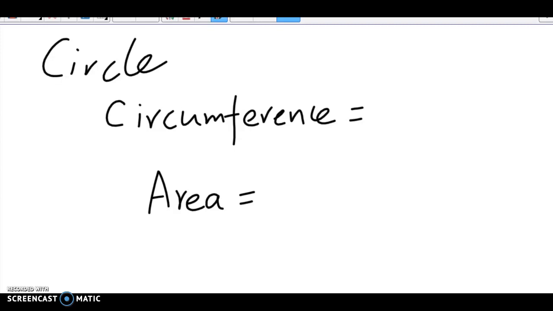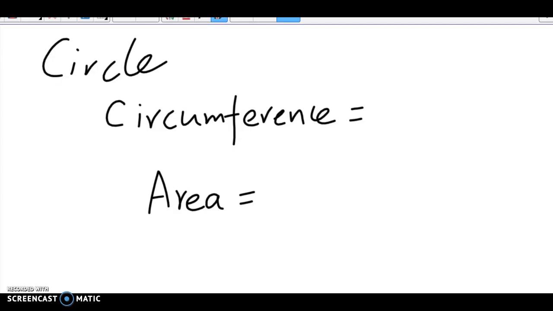Alright, so for this unit, as I mentioned, we will learn the circle. First of all, from your past knowledge, you're supposed to know the two important formulas about the circle. One is circumference. For the circumference, there are basically two formulas.